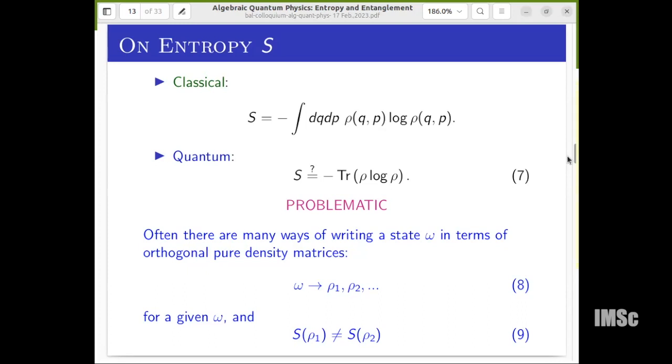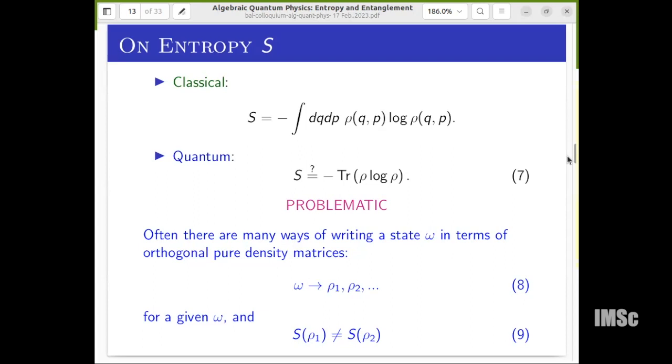Because the state space is now the Bloch sphere, and the extremal points are on the boundary, and there are infinitely many of them. And you can write anything in the interior as a convex combination of two things on the boundary in a huge number of ways. Take a vector here, take another vector here, add them, even orthogonal.